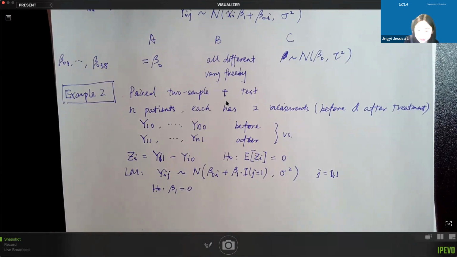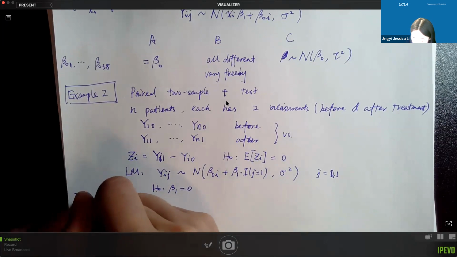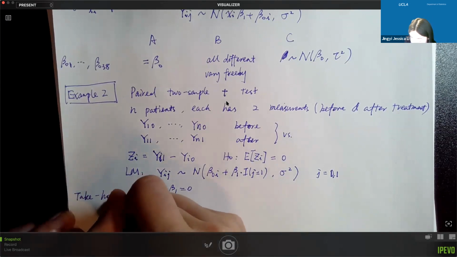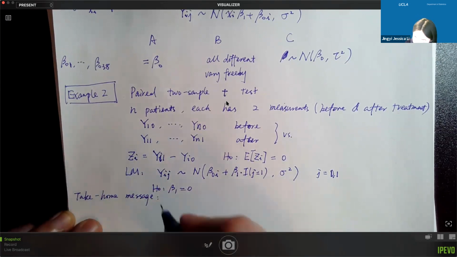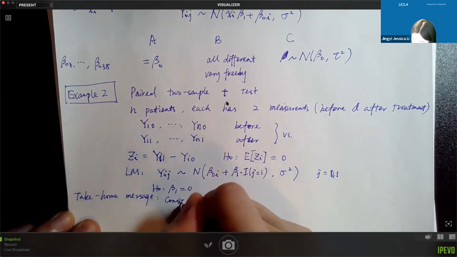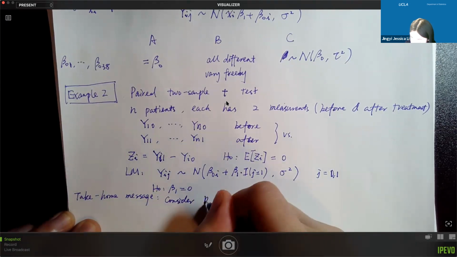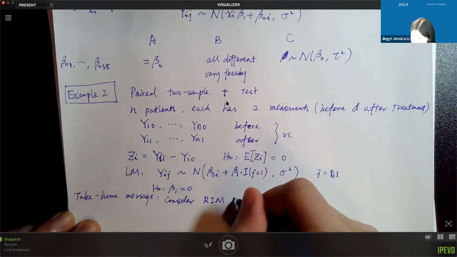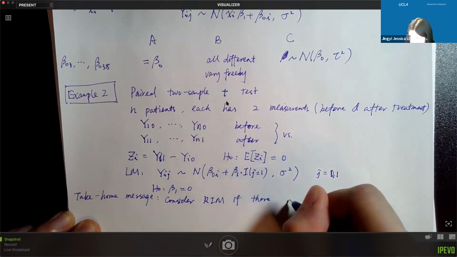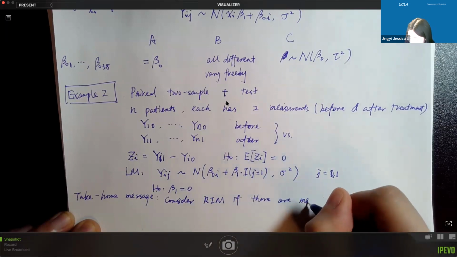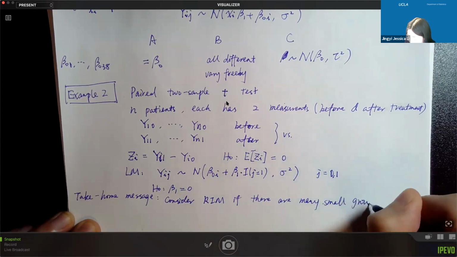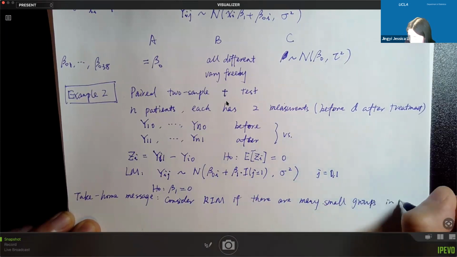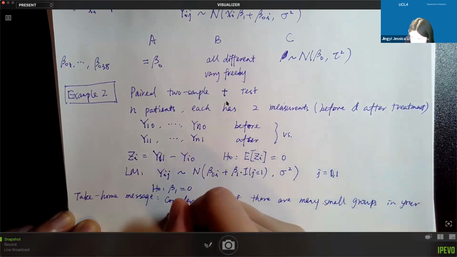So let me just give you a simple take-home message. The take-home message is that you may consider this random intercept model if there are many small groups in your observations.